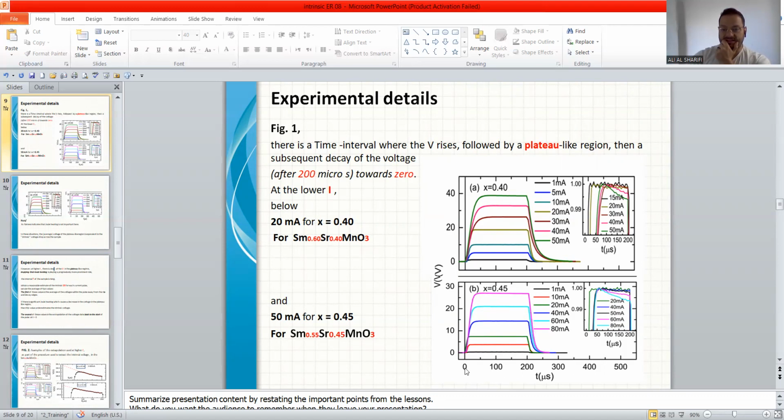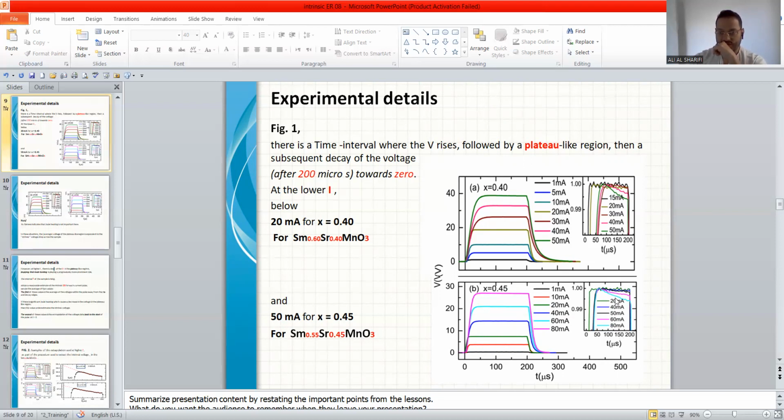When increasing the current, the voltage will increase, but here with some difference. Here from 0 to 30, here from 0 to 40, and the milliseconds are the same for individual curves until 500 microseconds. And here from 0 to 1 volt, it is approximately increasing suddenly, exponential increasing, and after that it is something like constant and then decreasing.